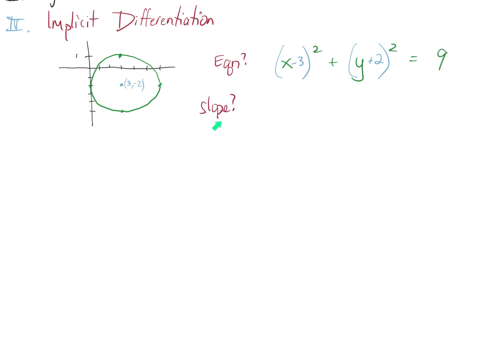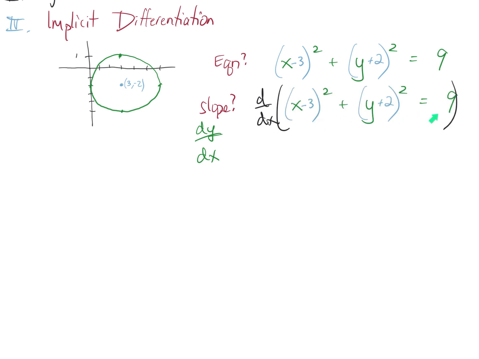All right, so what is the slope of this circle at any point? Let's find the derivative. Slope will always be dy/dx, so we need to find dy/dx. So we are going to start by taking the derivative with respect to x of the entire equation, which means the left side and the right side.